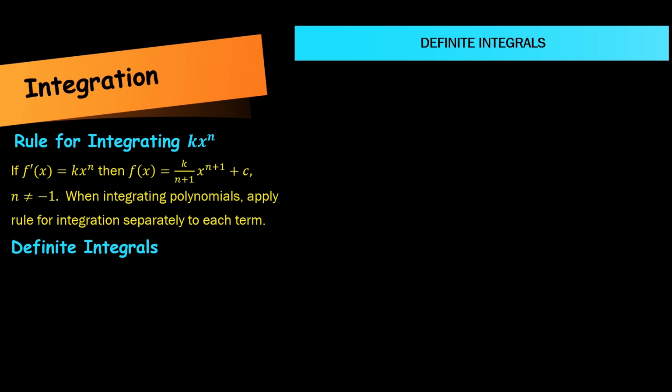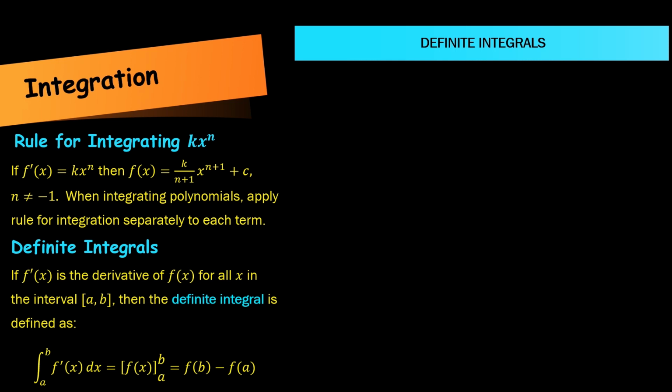Let's now take a look at definite integrals. If f dash of x is the derivative of f of x for all x in the interval ab, then the definite integral is defined as the integral from a to b of f dash of x dx equals f of x between the limits b and a, which equals f of b minus f of a.